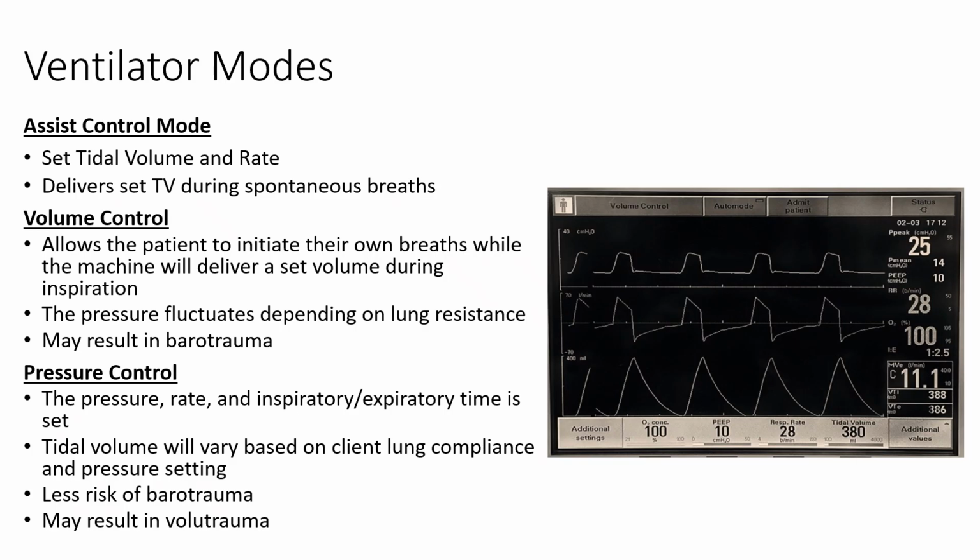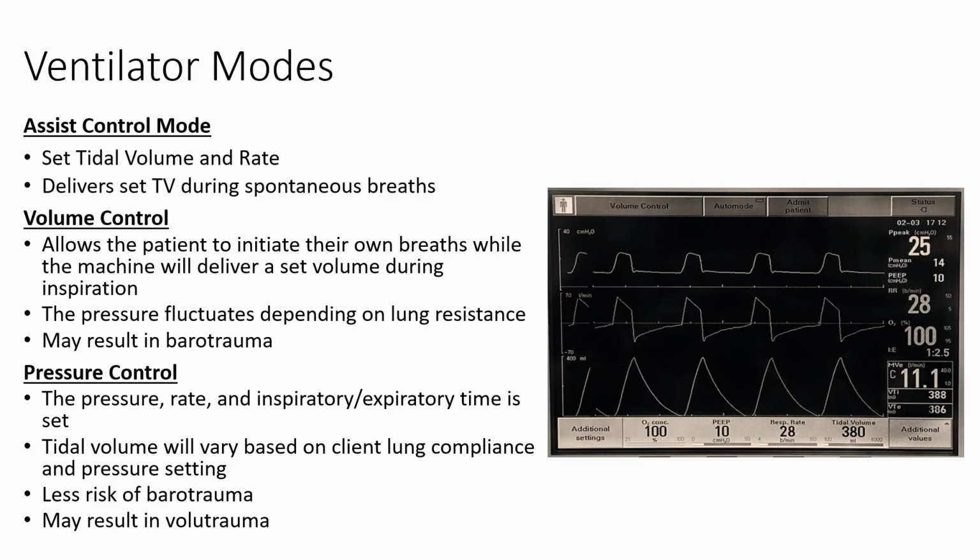Pressure control is generally going to be reserved for patients with refractory hypoxemia because with pressure control, there is a high risk for volume trauma. And volume trauma is the same basis as barotrauma. The only difference is with volume trauma, it's just volume or air that is causing the alveoli to hyperinflate and rupture.